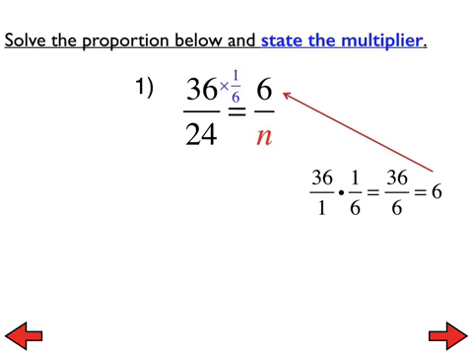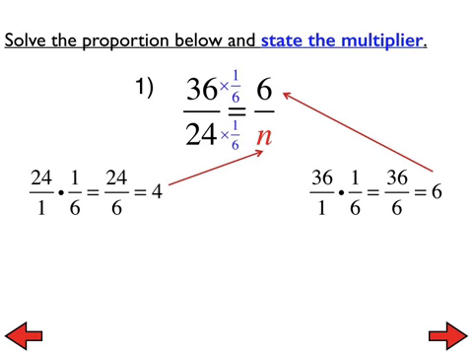Again, times a sixth. 36 over 1 times a sixth gives me 36 over 6, which is 6. Then I take the same multiplier for the bottom, 24 times a sixth, which gives us 24 over 6, n equals 4. So we're doing the same thing.